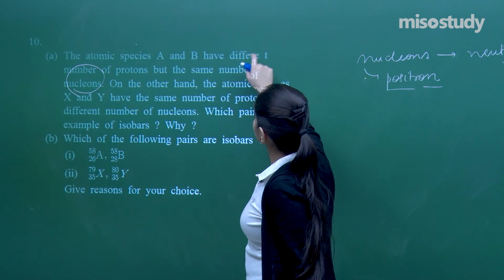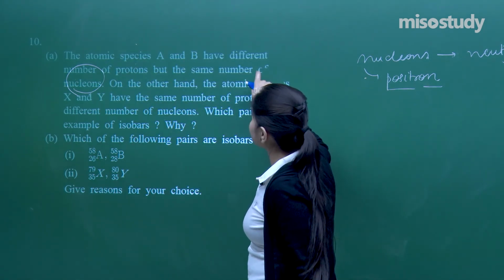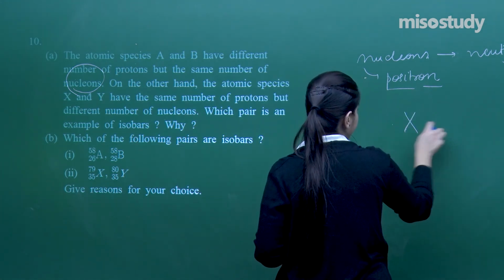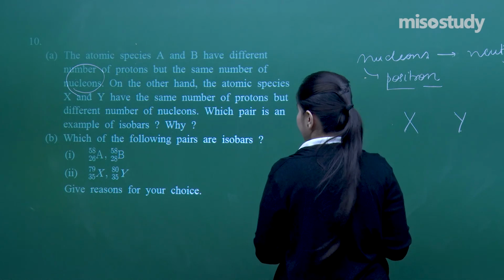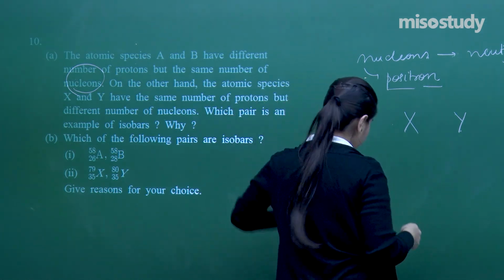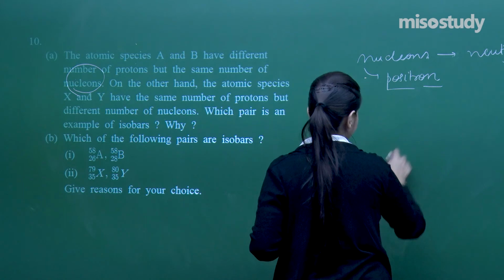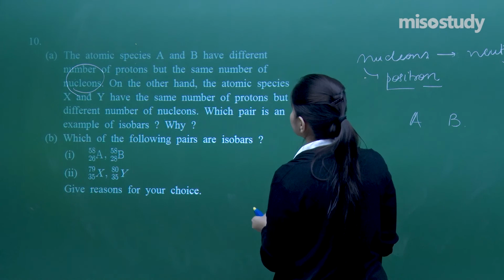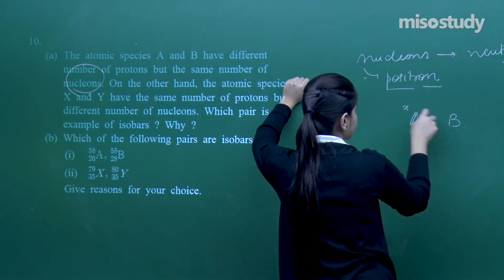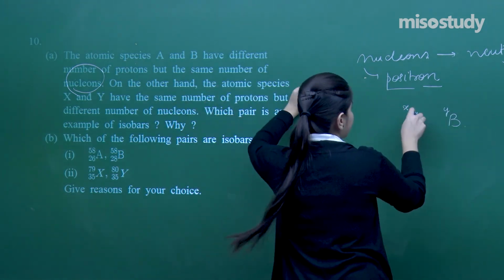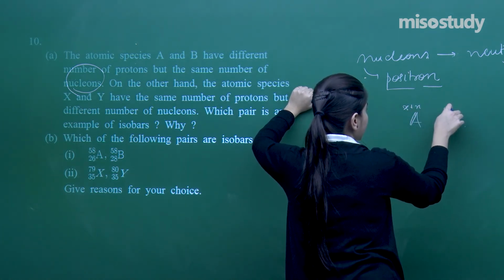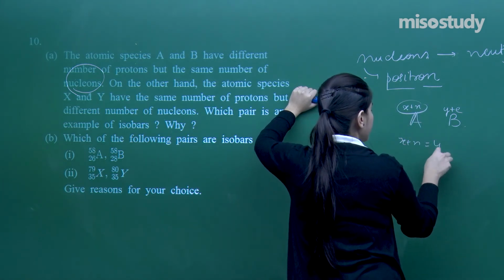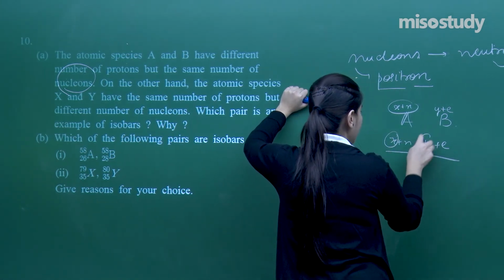The atomic species A and B have different number of protons but the same number of nucleons. So what they say is, they have different number of protons, X, Y. Let's say neutrons would be N and E. So X plus N equals Y plus E they are saying, but X and Y are different.